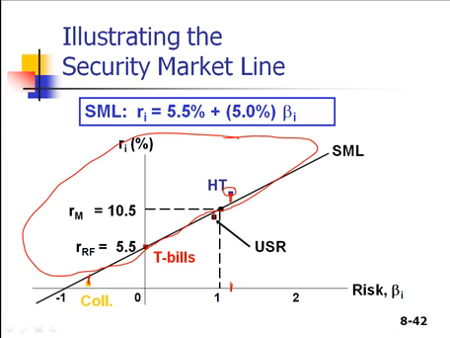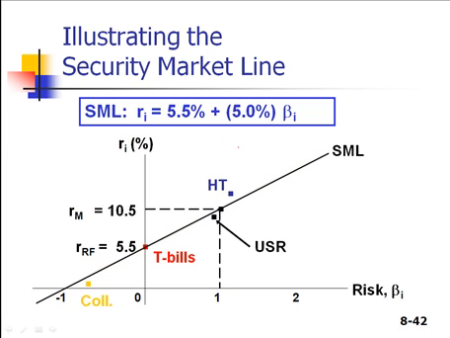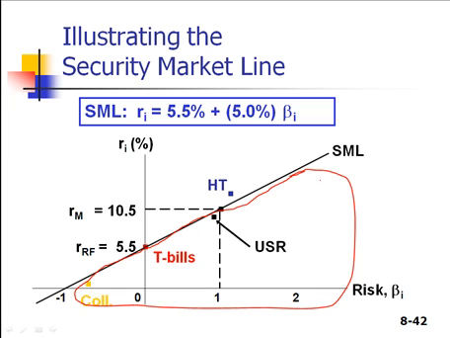It's a good buy. The expected return is more than the required return. On the other hand, anything that is below, so down in this area, below the security market line, that could be selling territory. Probably wouldn't want to buy those investments because the expected return is not equal to the required return.